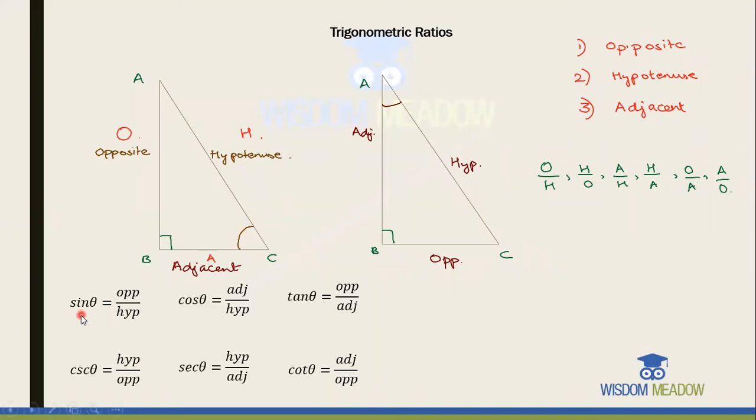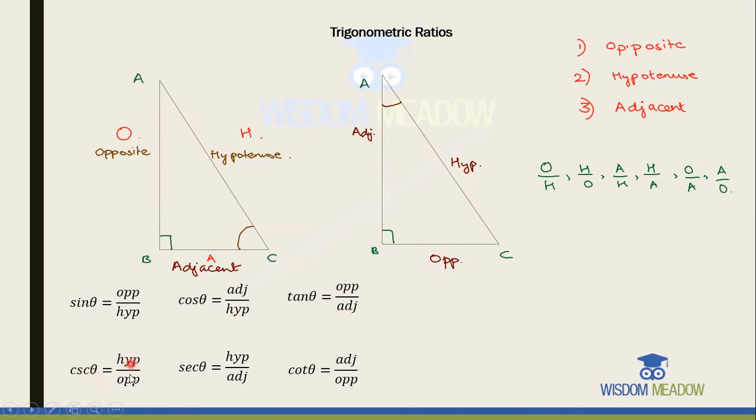That is sine theta. The theta is the angle you consider, the acute angle. Sine theta is opposite over hypotenuse. Cos theta is adjacent over hypotenuse. Tan theta is opposite over adjacent.